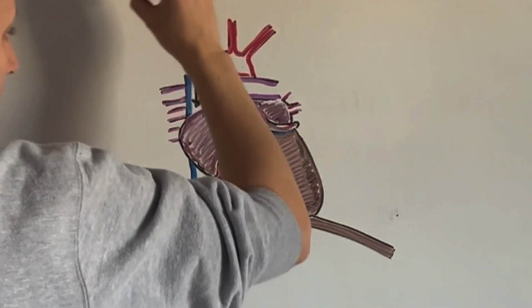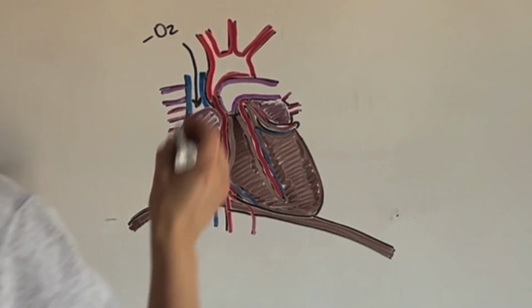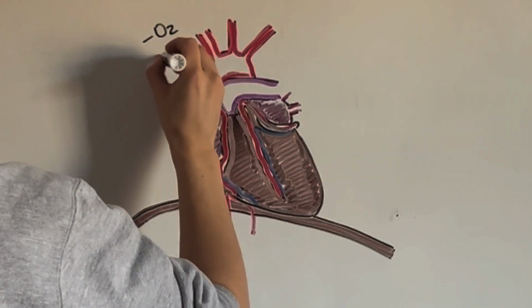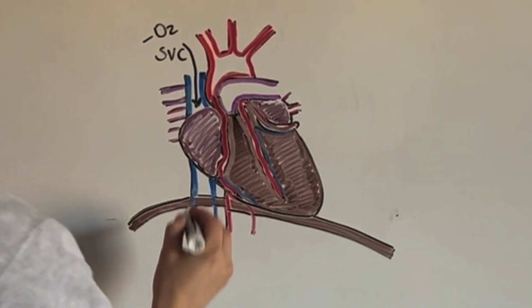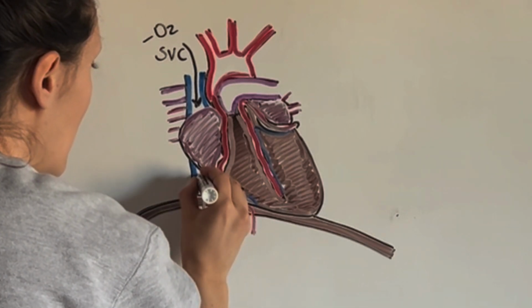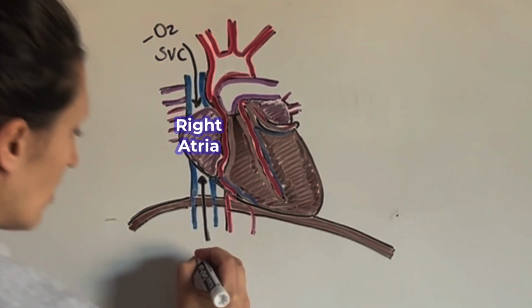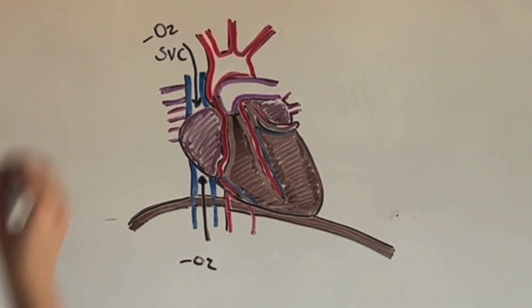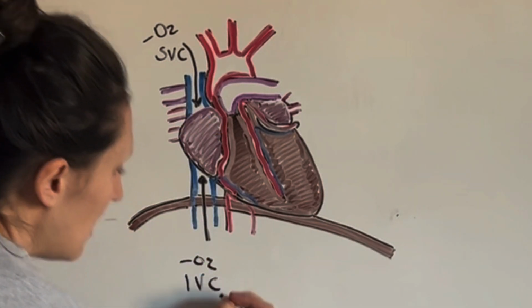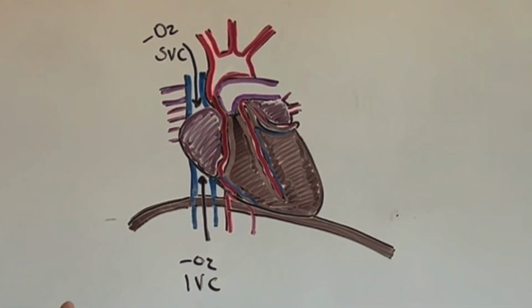Into the superior vena cava, O negative blood. This is our superior vena cava, SVC. From below the diaphragm up into the same atria, the right atria, is also deoxygenated blood from, instead of the SVC, the IVC going into the right atria.